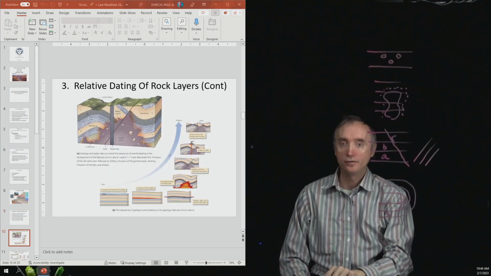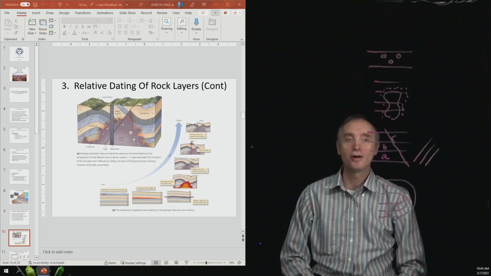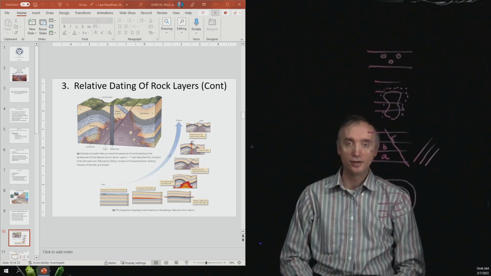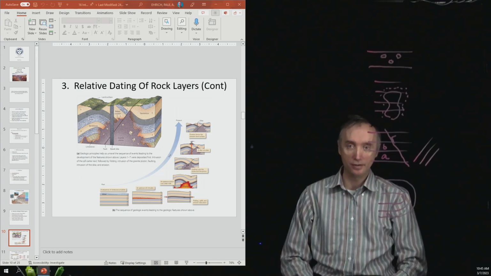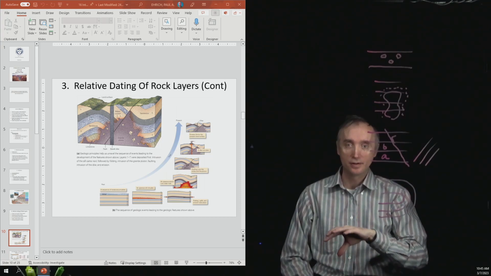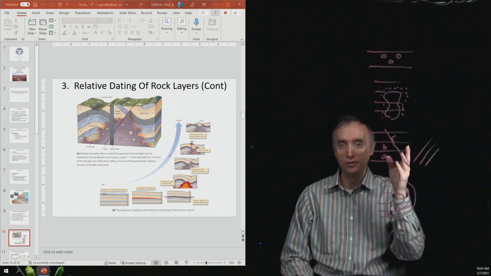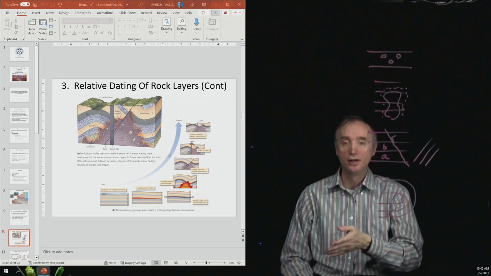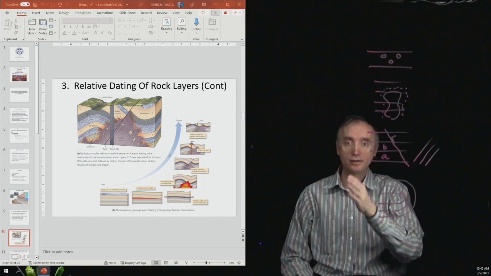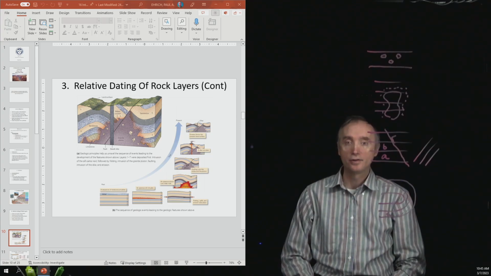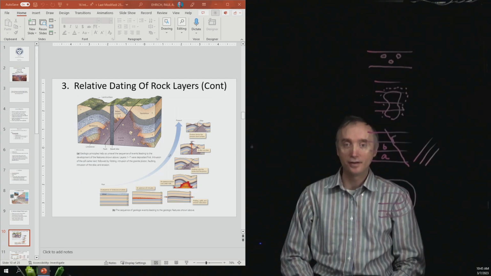All right, so if you want some practice with all of these different kinds of concepts, that's what this little figure here is for. So notice that the very first picture is very complicated. You've got beds that are folded, you've got fault lines going across them, it looks like there's a dike in there, and there are intrusions and inclusions in there.